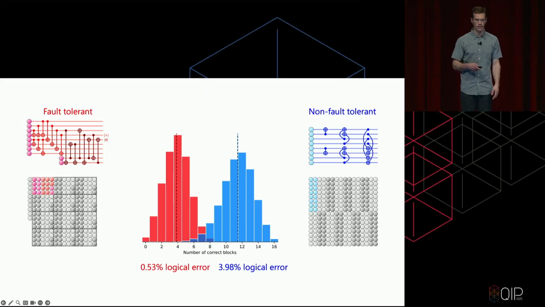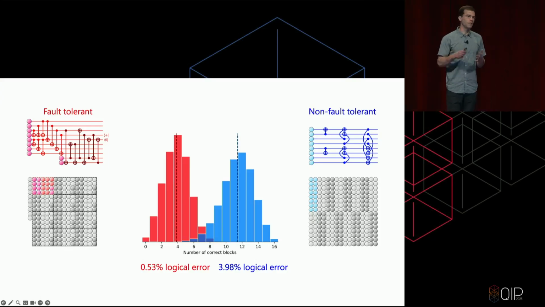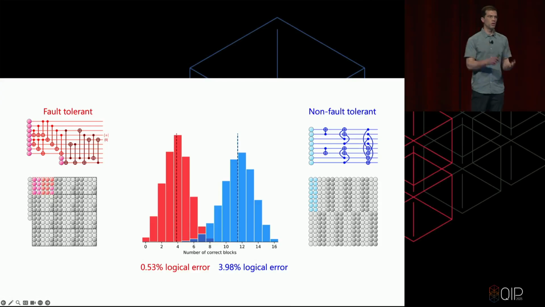And you can see in red is, again, a histogram for the number of correct blocks. And it's significantly lower. Now it looks like on average you get around 4 good logical code words with which you can start a logical computation. But the advantage now is that you essentially know which code words are good and which code words are bad because of the flags, because of the verification that you do.